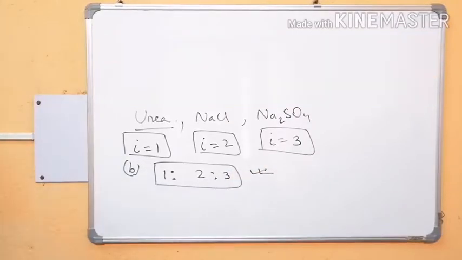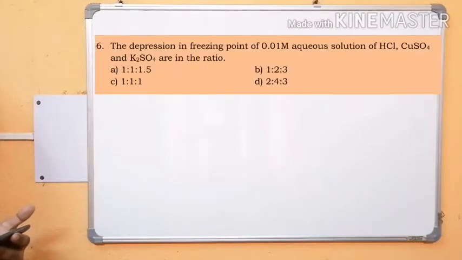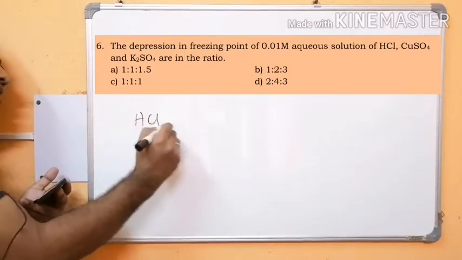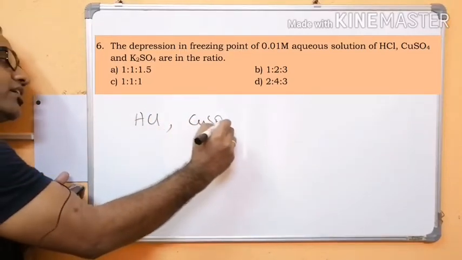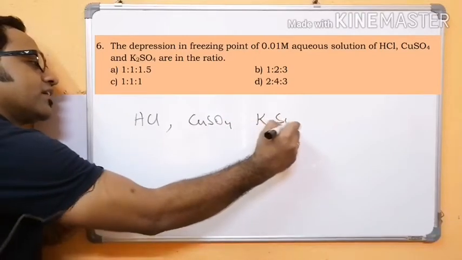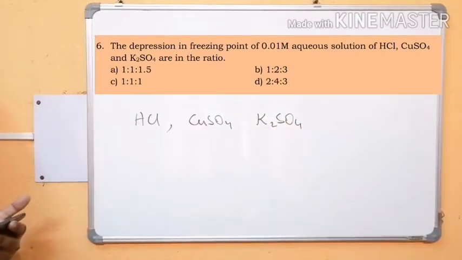Okay. Next problem, the sixth one: the depression in freezing point of 0.01 molar aqueous solution of HCl, copper sulfate, potassium sulfate. HCl, copper sulfate and potassium sulfate are in the ratio.